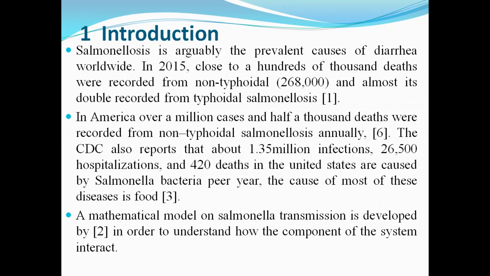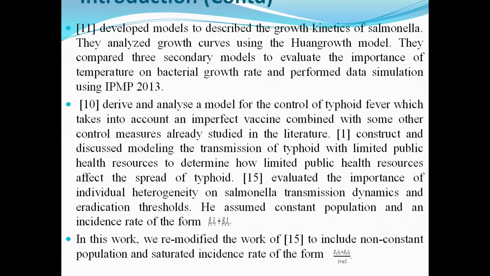The aim of the research is to investigate an endemic Salmonella model with saturated incidence rate using mathematical modeling. We have a lot of researchers that have done so much on it. Igl 2019 developed a model to describe the growth kinetics of Salmonella. Reynard 2019 also derived and analyzed a model for the control of typhoid fever.